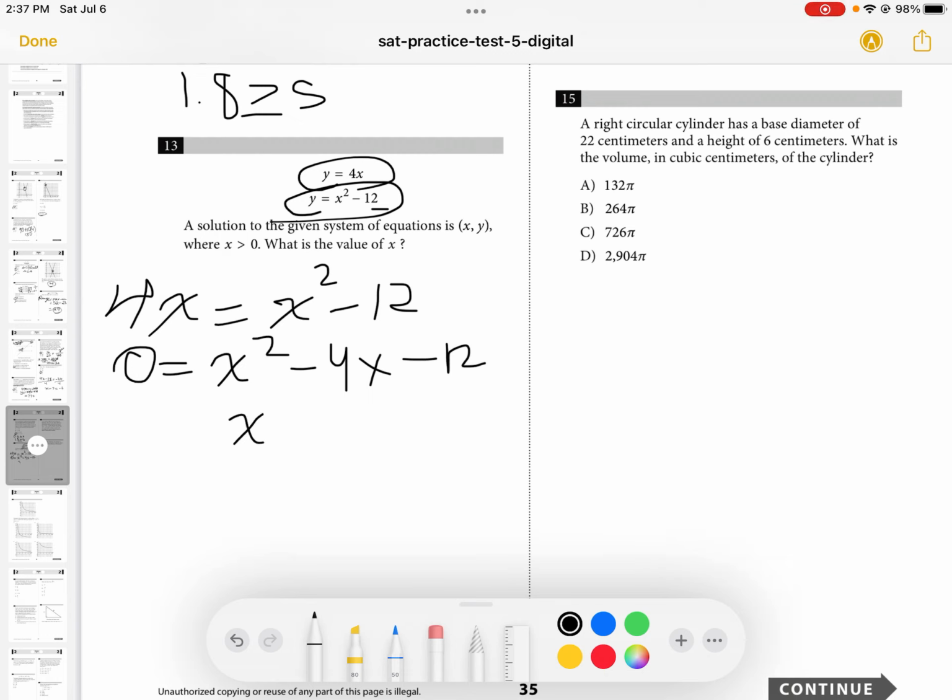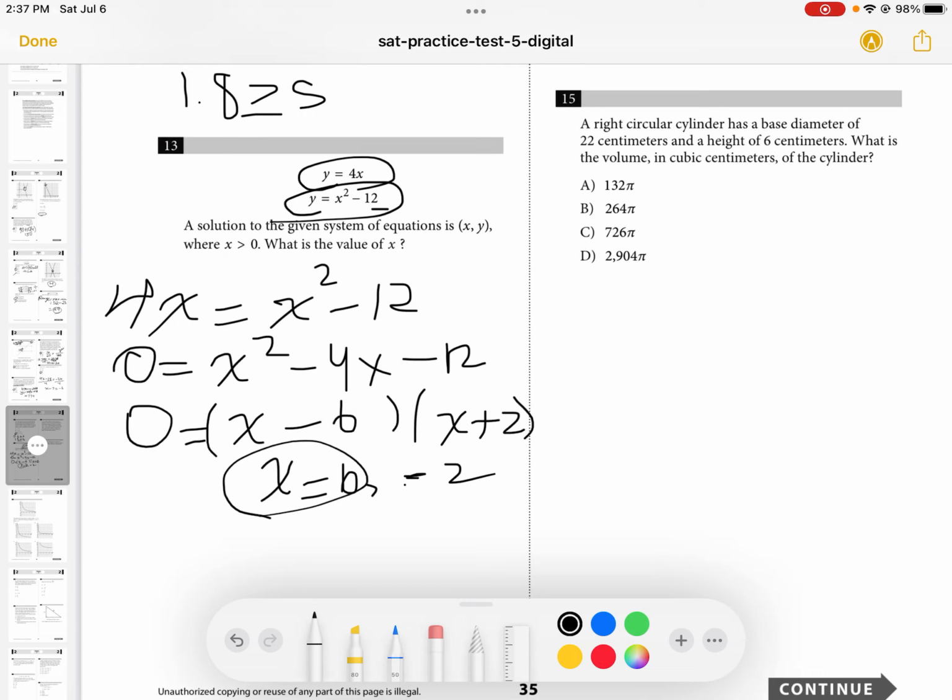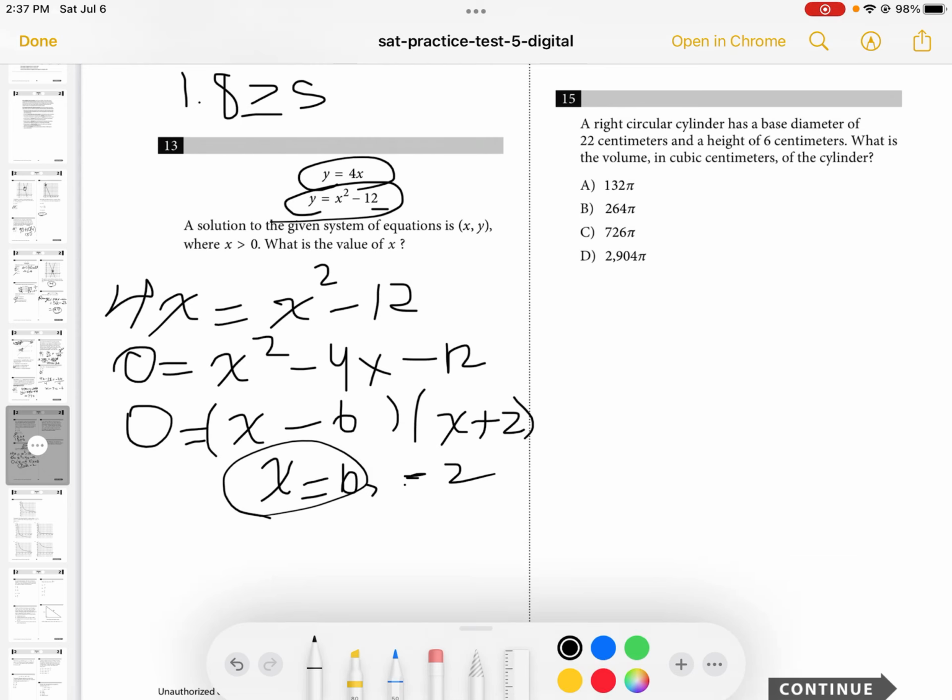We can factor this as x minus 6 times x plus 2. So x can be 6 or negative 2. But we want a solution where x is greater than 0, so x is 6. Okay, let's move on.